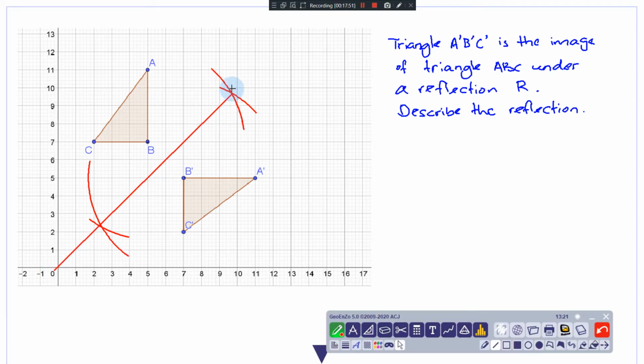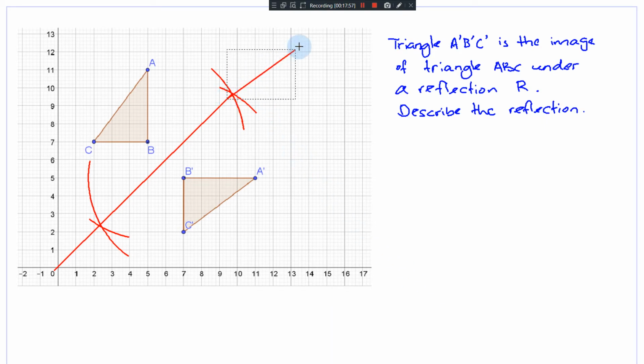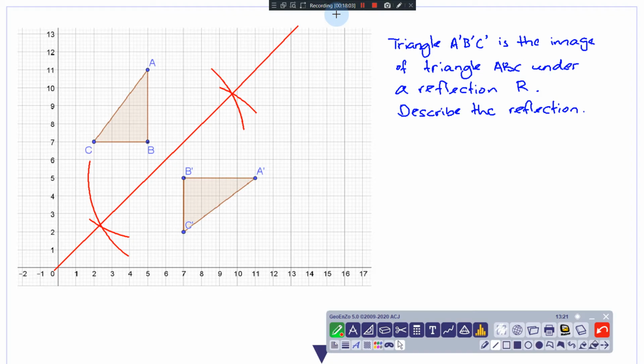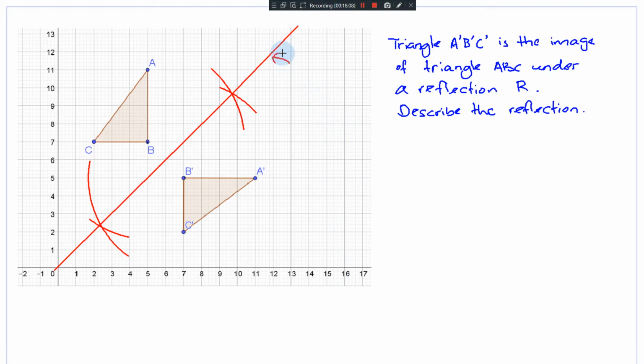Okay, so if you want to extend it, let me try to extend it. Okay, so this is the axis of diffractions. This is the axis of diffractions.